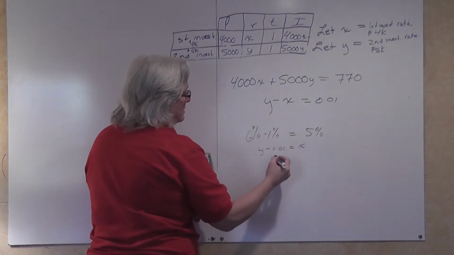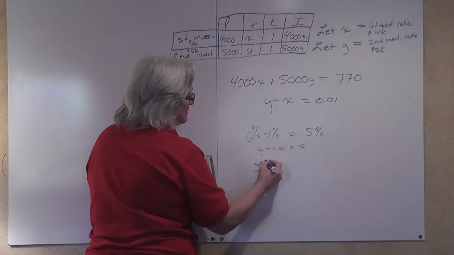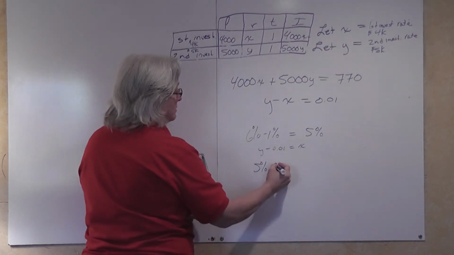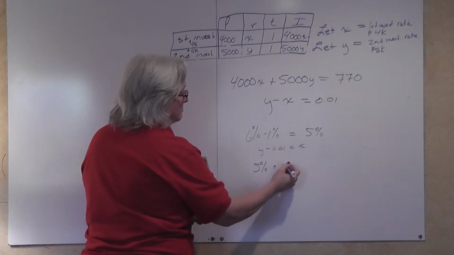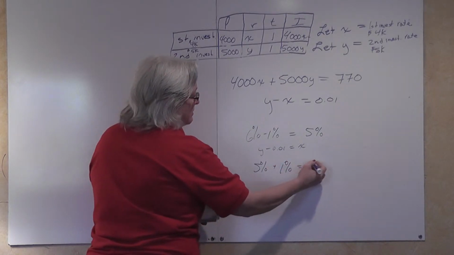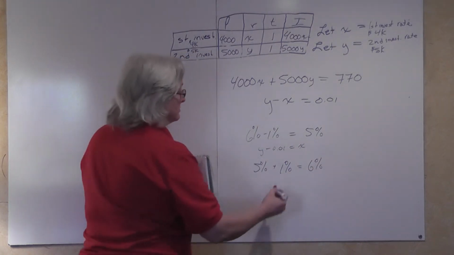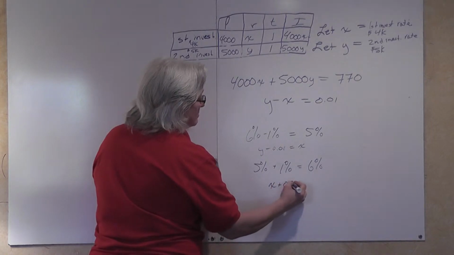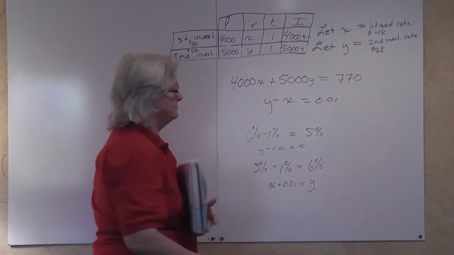So if you had the smaller interest rate, let's say was 5%, and you added 1% to it, then you would have the larger interest rate, wouldn't you? You would have x plus 0.01 is equal to y.